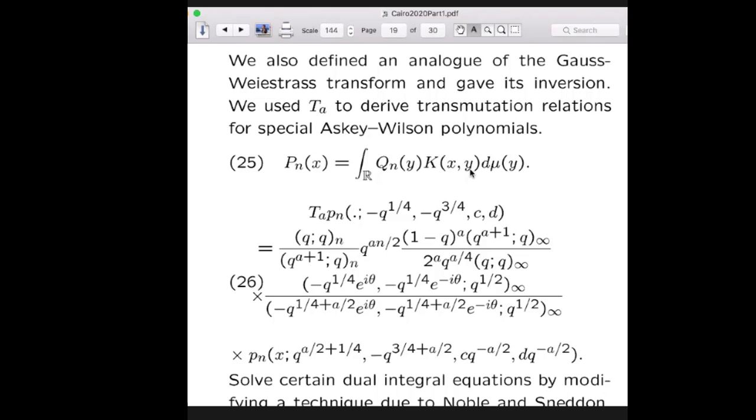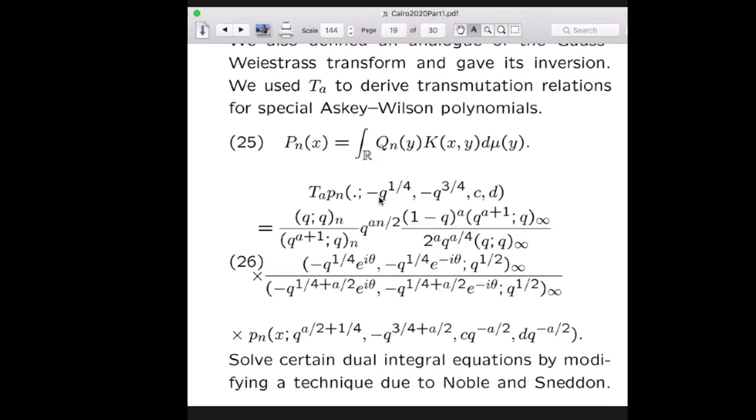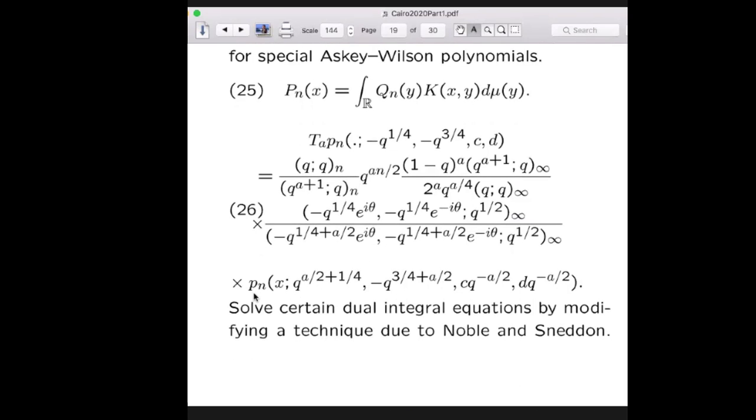So for the operators that we introduced, we can do this with the Askey-Wilson polynomials, which have 4 parameters. In the first paper, we have some restriction to choose the G. And if I have here C and D, I can act with this operator and I produce degree n with different parameters.